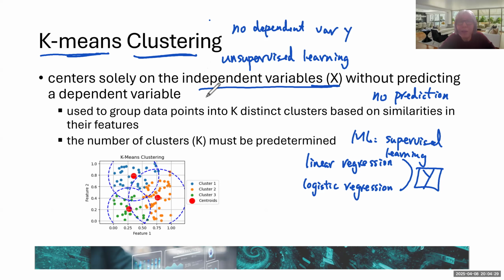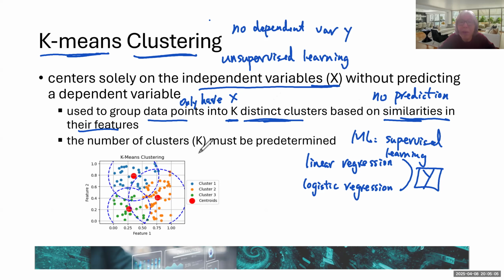The idea is you are going to group data points, which have only the X values, into K different clusters. And how do you group them? It's using similarity in the features, so similarities in the independent variables. We will explain more.